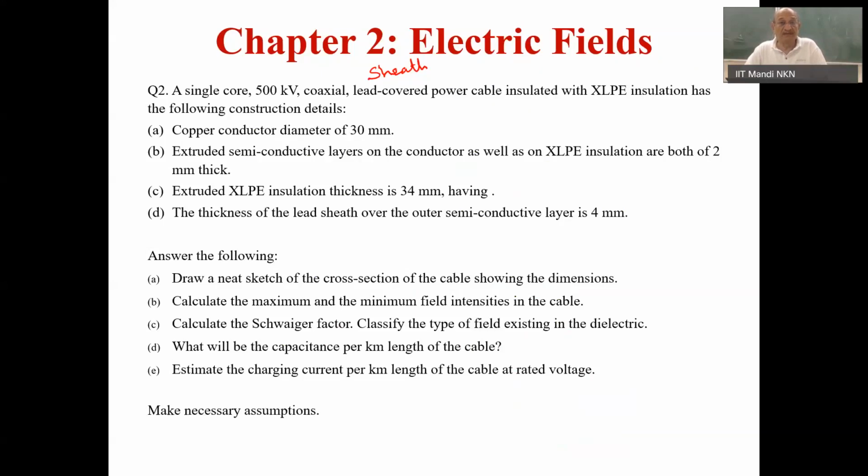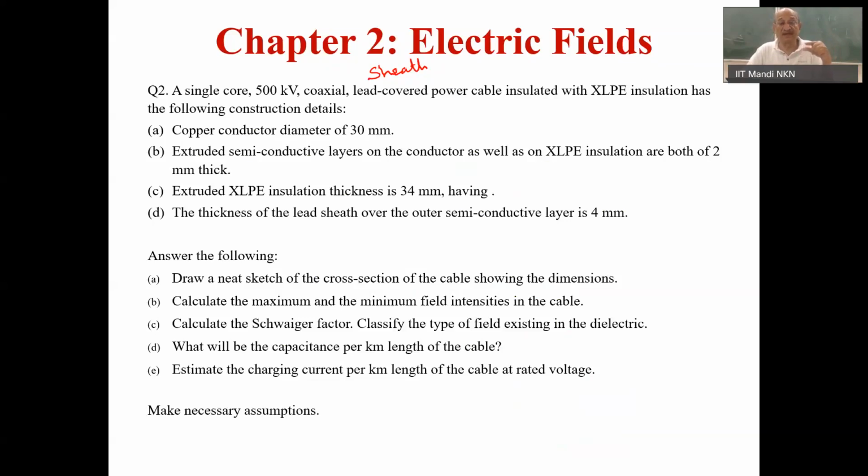And can you imagine in such a case, I'll give you just one hint. A semiconductive layer over anything becomes part of the material over which it is provided. So when it is provided over the conductor, the semiconductive layer becomes part of the main conductor, which acquires the voltage.